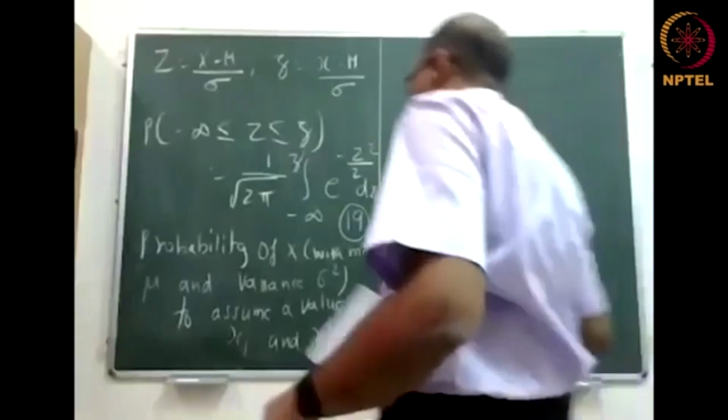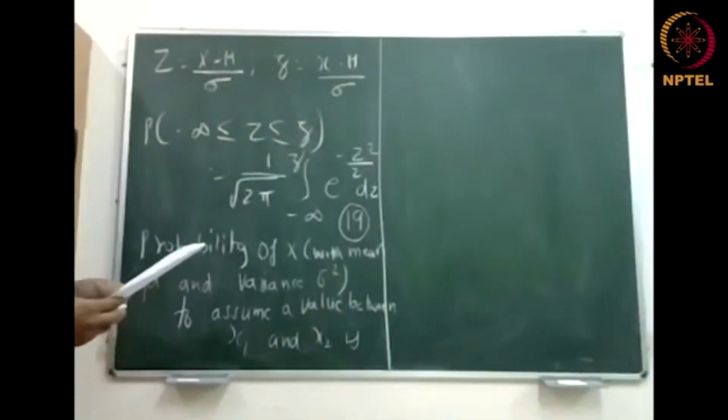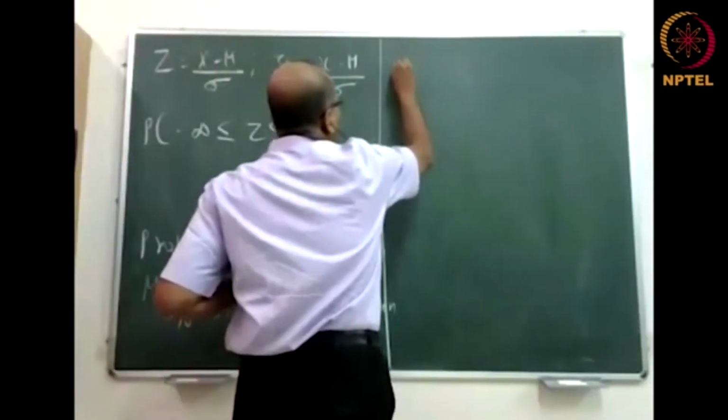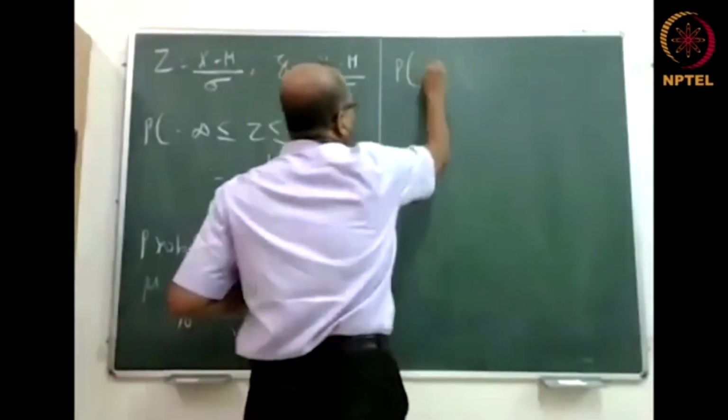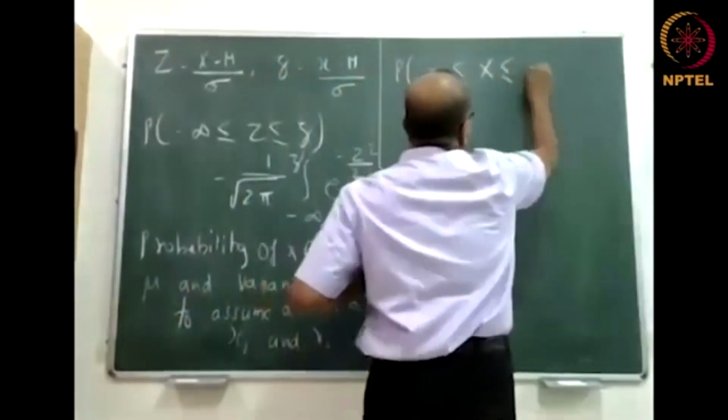The probability of x with mean mu and variance sigma square to assume a value between x1 and x2 is: x1 less than or equal to x less than or equal to x2.